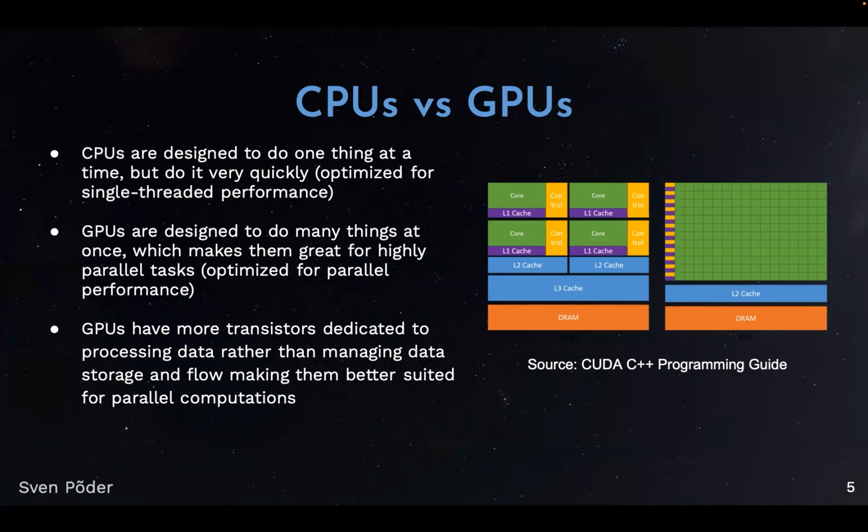On the slide, on the left is your typical CPU architecture, and on the right is a GPU. On a CPU, you might have something like 8 cores, but on a GPU, you would have thousands. This is why they are very good for parallel computing. What's also good about GPUs is they have a lot more memory bandwidth. When your CPU is fetching data from the RAM, it's going to be slower than a GPU fetching data from its video memory.